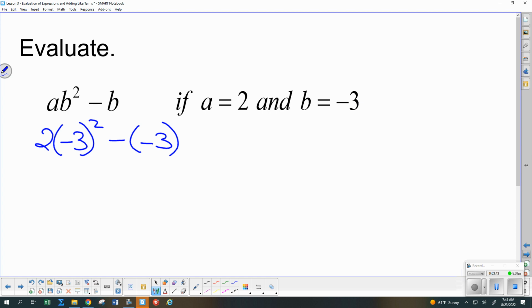I often find it helpful when I have minuses to say I need a, and then I need b squared, and then I need minus b, and then put it into the parentheses. It helps me not mess up the minuses. You don't have to do that, but if you find you're having trouble with minus signs, you can certainly do that step in there.